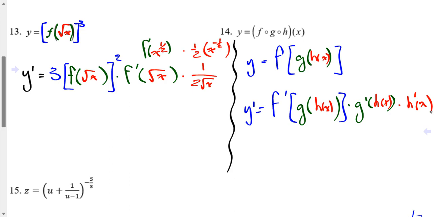We could have 5 functions in composition, and that would just add 5 links in the chain of derivatives being multiplied together. Good? Yep.